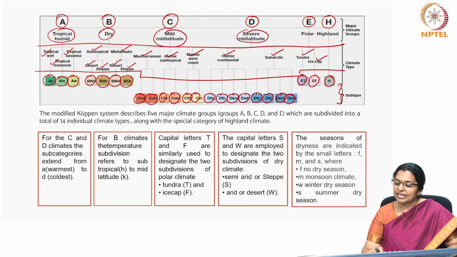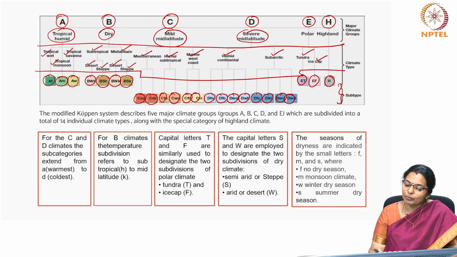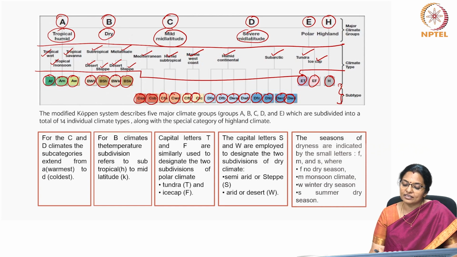The seasons of dryness are indicated by small letters M, F and S, where F is no dry season, M is monsoon climate, W is winter dry season, and S is summer dry season. The capital letters S and W are employed to designate the two subdivisions of dry climate, which is semi-arid or steppe, known as S, and arid or desert, which is W. Like this, there is classification done based on the climate indicated with alphabets.